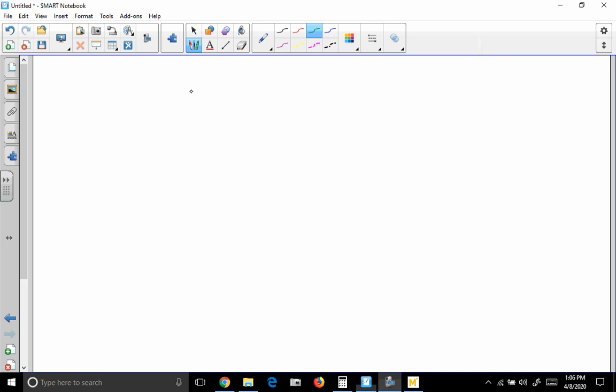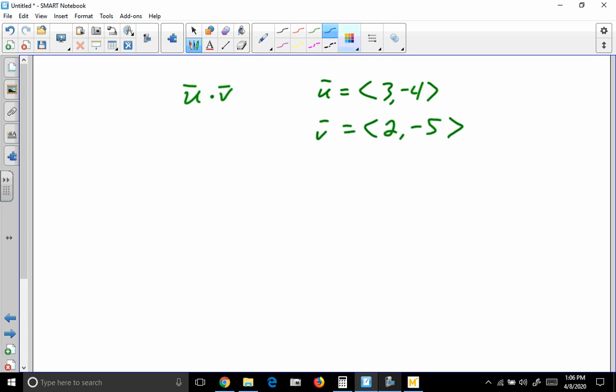Now let's do a dot product. Let's do u dot v, where u is the vector 3, -4, and v is the vector 2, -5. So the dot product is also referred to as the sum of the parallel products. These are both in the x direction, so those distances are parallel.